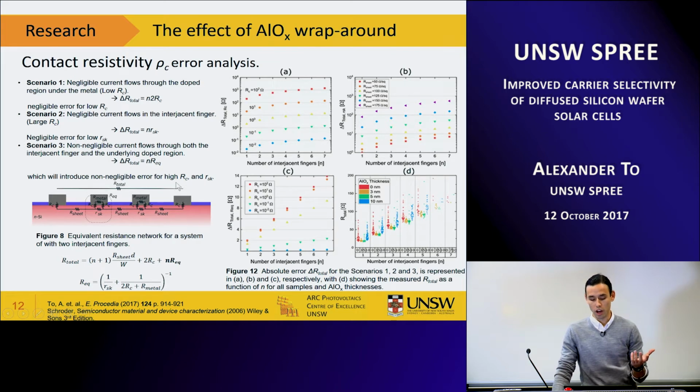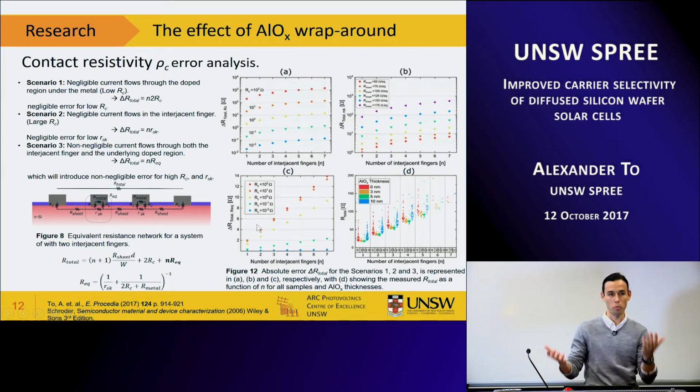The most likely scenario, however, is that there's some combination: it's not all going through the emitter and it's not all going through the metal, but rather there's some gradated flow which is related to the transfer length into the contact. So there's some split between which one is actually dominating.